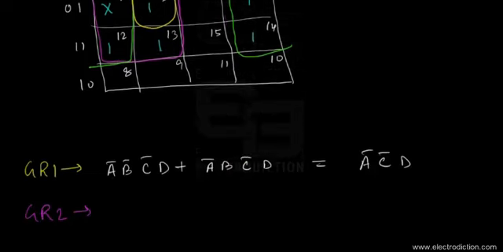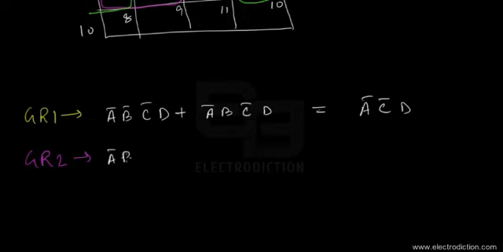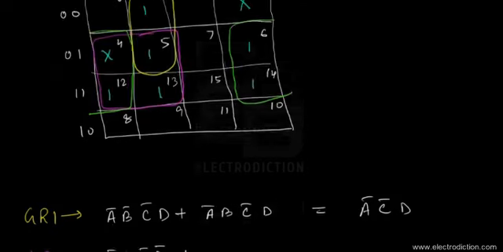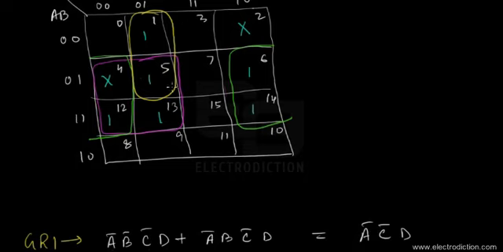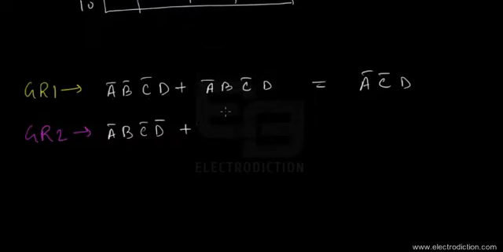So we have first A bar B, C bar, D bar, for cell number 4, and then cell number 5 over here, which is of course A bar B, C bar D.